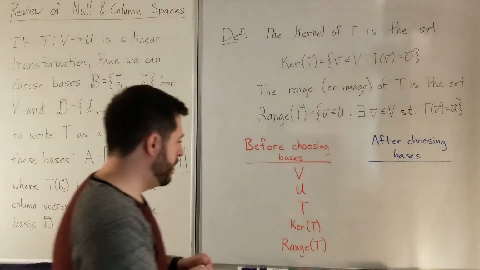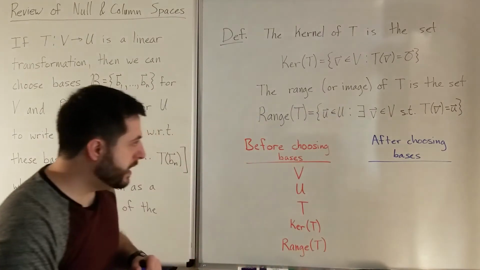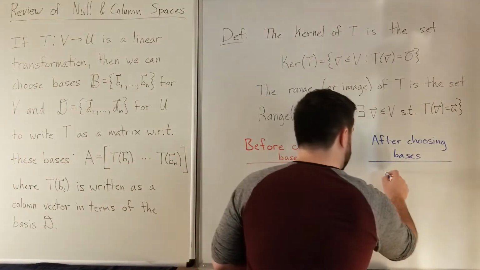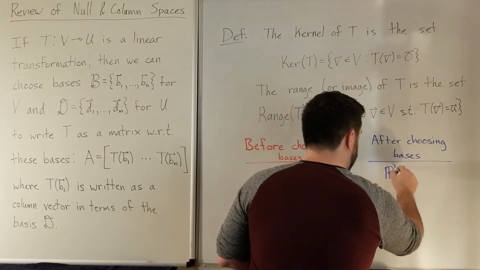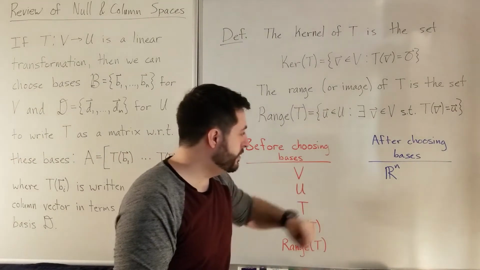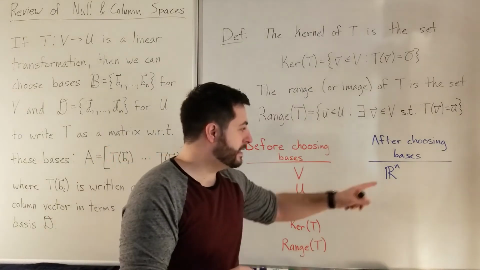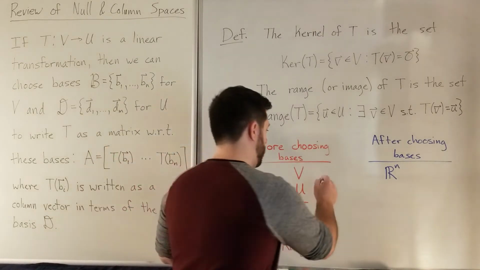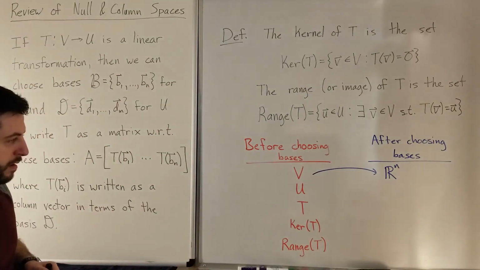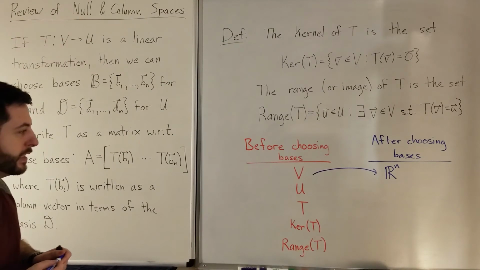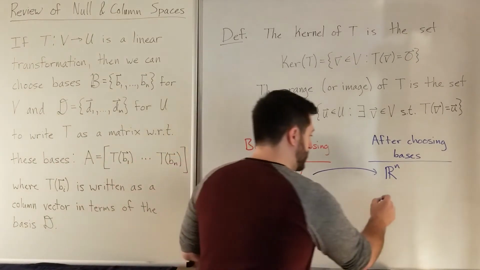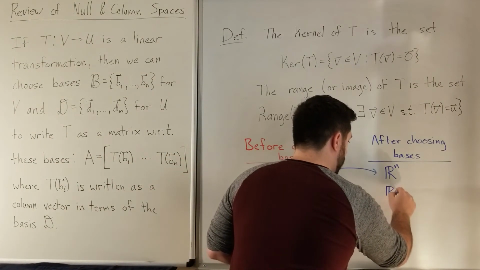So, to start out with, V, after we choose this basis B for V, is going to act exactly like Rn. Remember, the basis has n elements, and so by choosing this basis, we're saying V is essentially the same thing as Rn. After choosing a basis for U, which has m elements, we're saying U is the same thing as Rm.